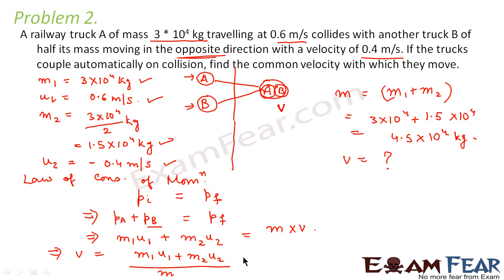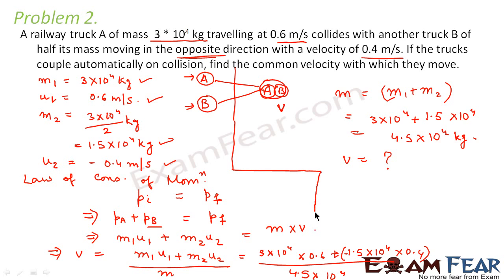Now we will put the values in this equation. We will get 3 × 10^4 × 0.6 plus 1.5 × 10^4 × 0.4, but 0.4 has a minus sign, so this will be minus, divided by m. What is the value of m? m is 4.5 × 10^4. Since I don't have space, I'll do the calculation this side.